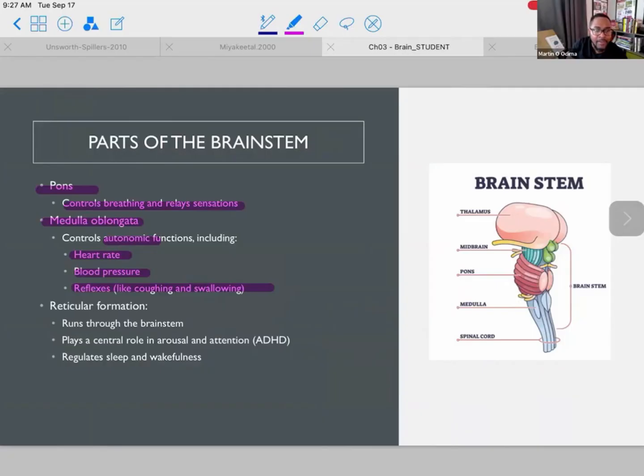So just like automatic functions that we do on a daily basis without thinking about them. Reticular formation also runs through the brainstem, and it plays a role in arousal and attention. Different chemical imbalances there could also be associated with ADHD, and it regulates our sleep and wakefulness. So you can see over here the brainstem.